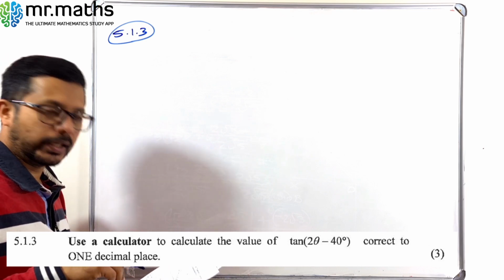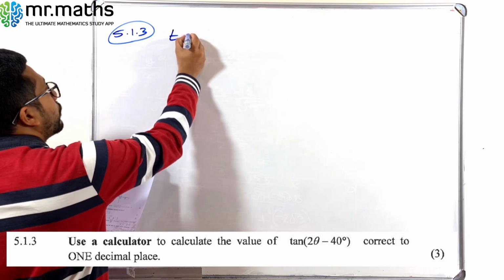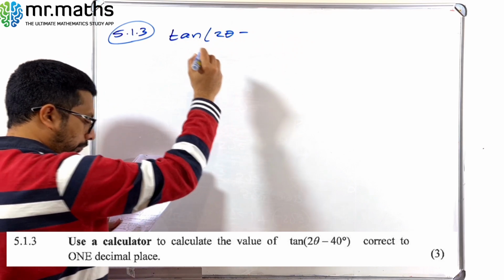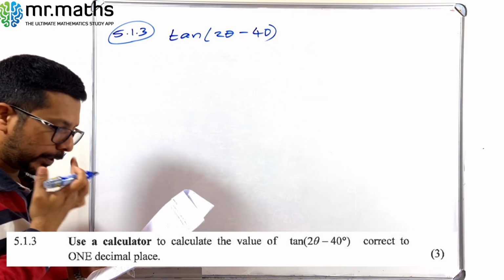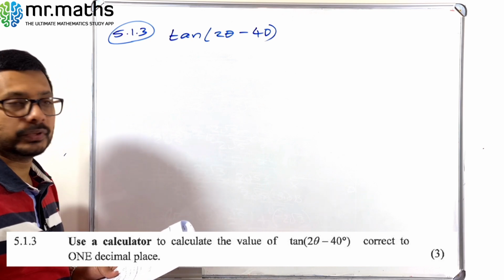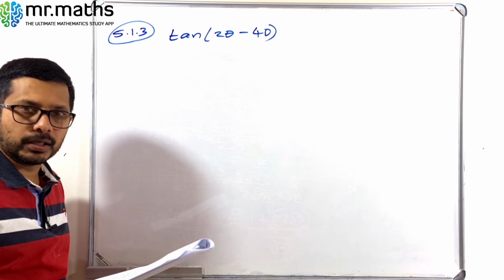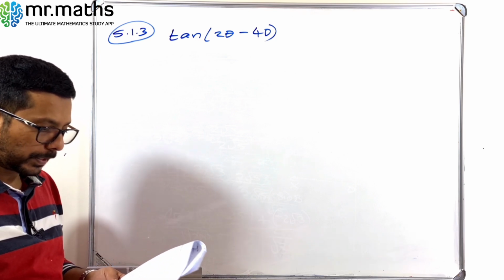Use a calculator to calculate the value of tan of 2 theta minus 40, correct to one decimal place. So you have to use a calculator to find the answer of this tan of 2 theta minus 40 correct to one decimal place.